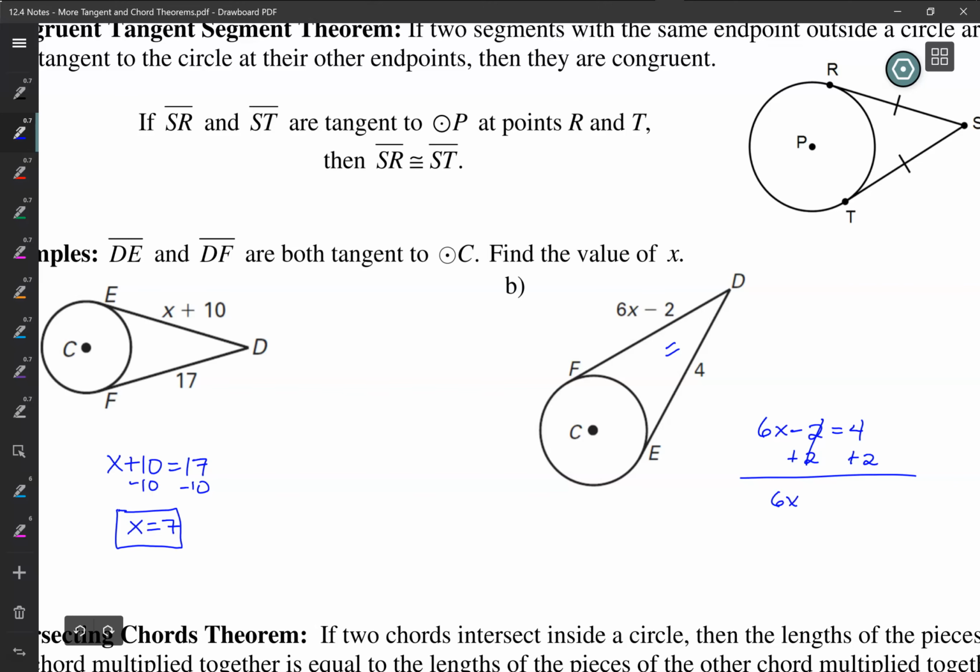You get 6x equals 6. Divide both sides by 6. You get x equals 1. Ta-da! That's all this theorem's saying. Those two pieces are the same length. They're congruent. Congruent pieces, congruent pieces.